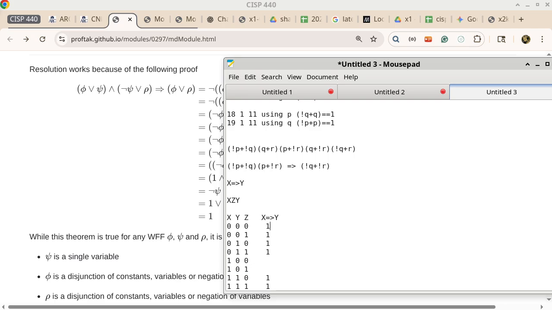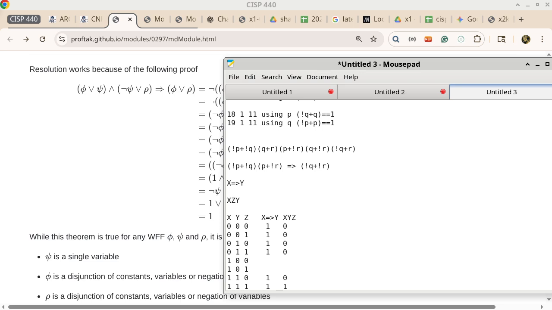Now we look at XYZ, at the conjunction. We look at X, Z, Y, or XYZ. It doesn't matter because it is a conjunction. Obviously this is false. Anytime X or Y or Z is false, the whole thing is going to be false, and this is the only time the whole thing is true.